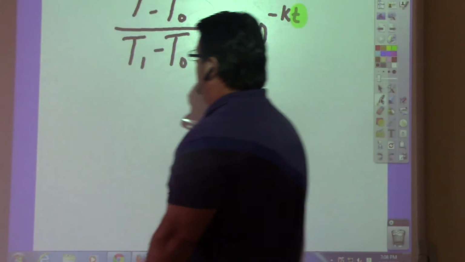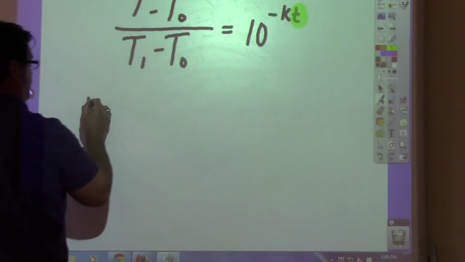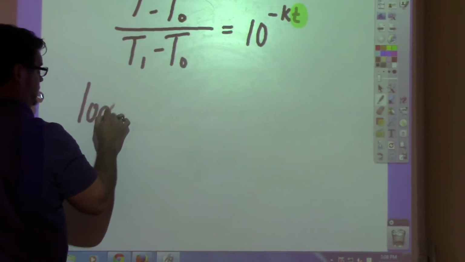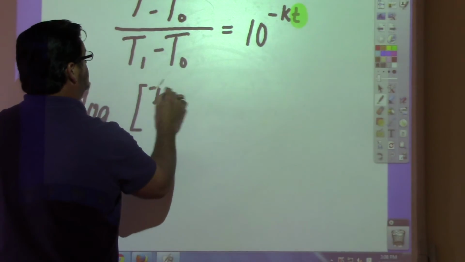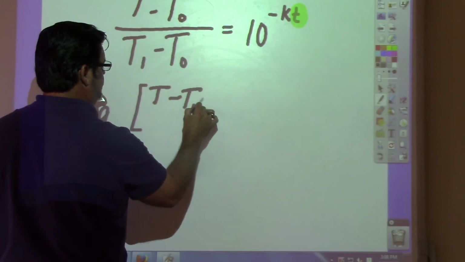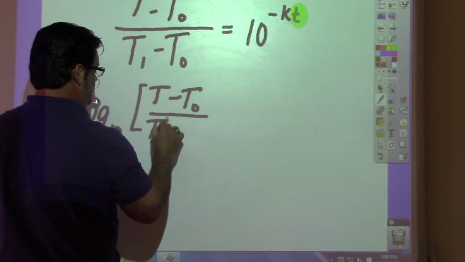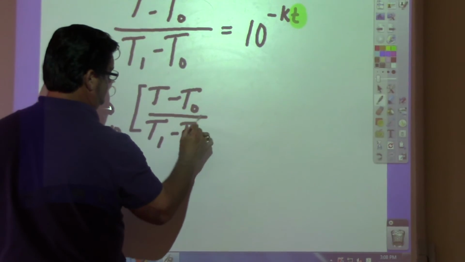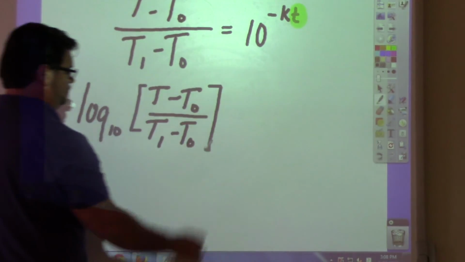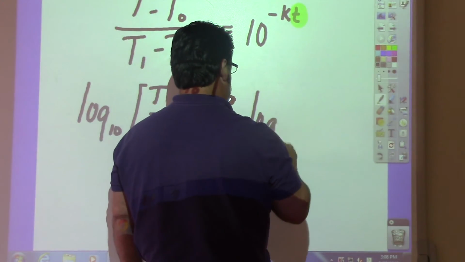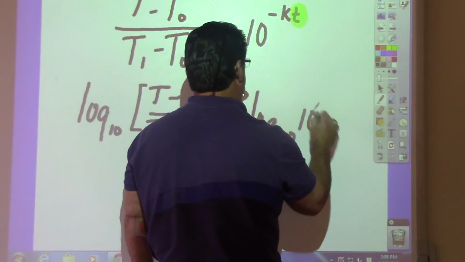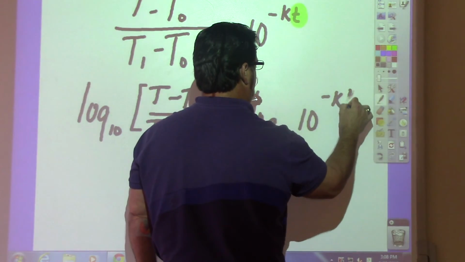I'm going to take log base 10 and write it out. Log base 10 of T minus T sub O over T sub I minus T sub O is equal to log base 10 of 10 to the negative KT power.